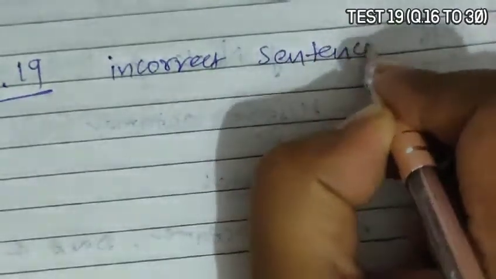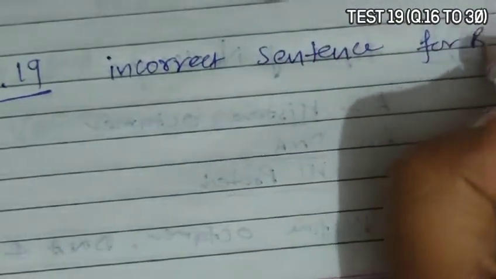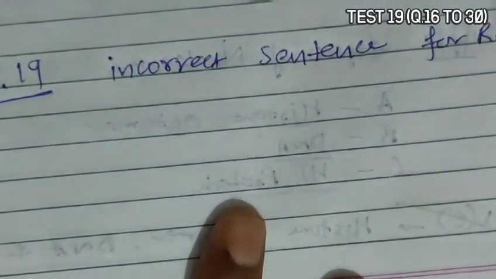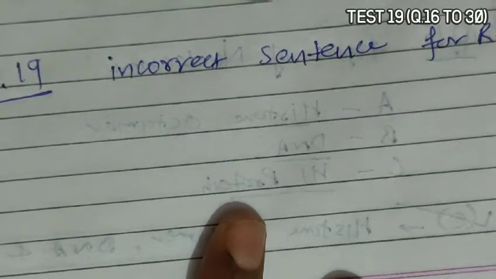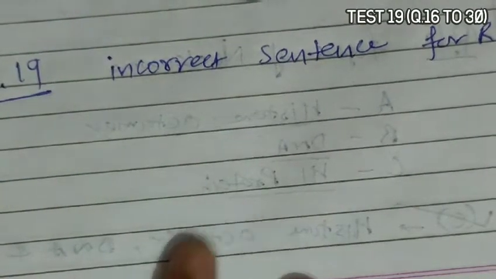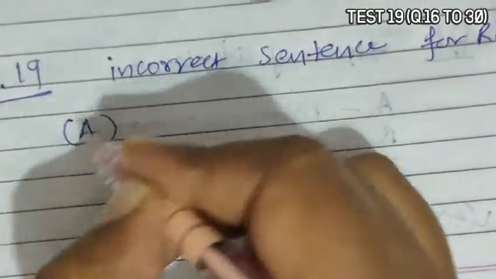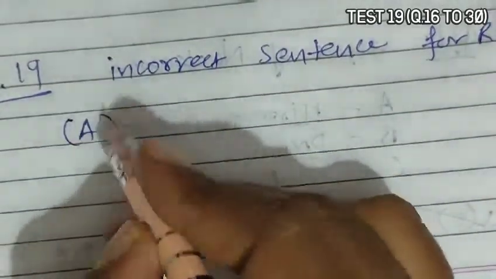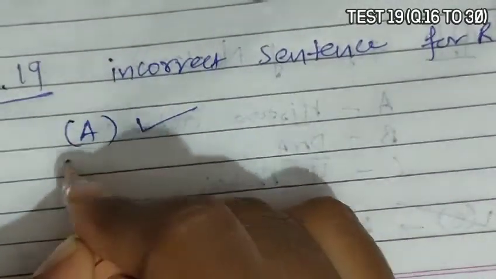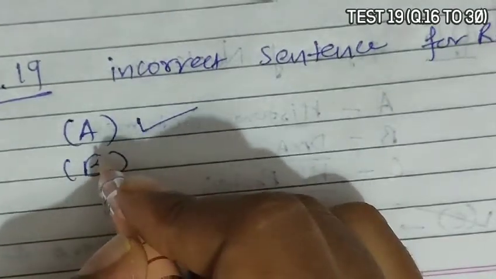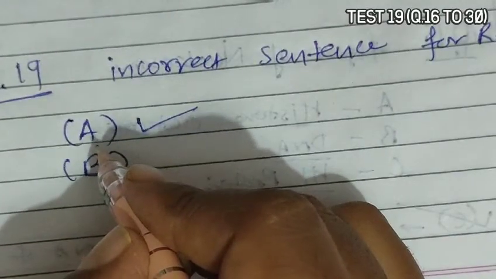Question 19. Question 19 asks to choose the incorrect sentence for RNA. A is given as RNA is useful for protein synthesis. Yes, it is. Option B, tRNA brings amino acid and reads the genetic code.